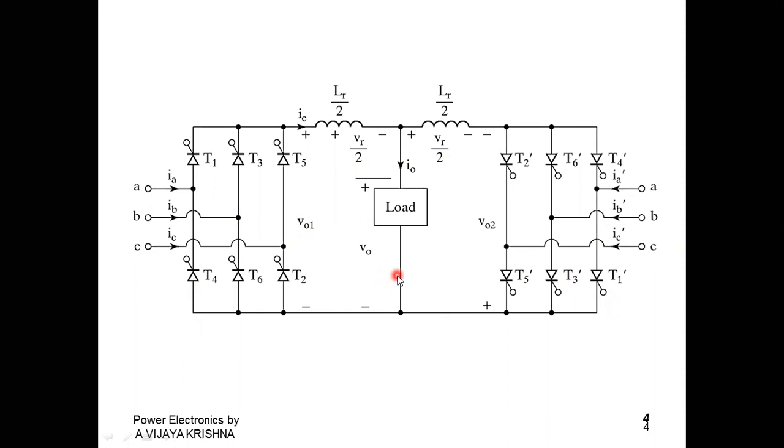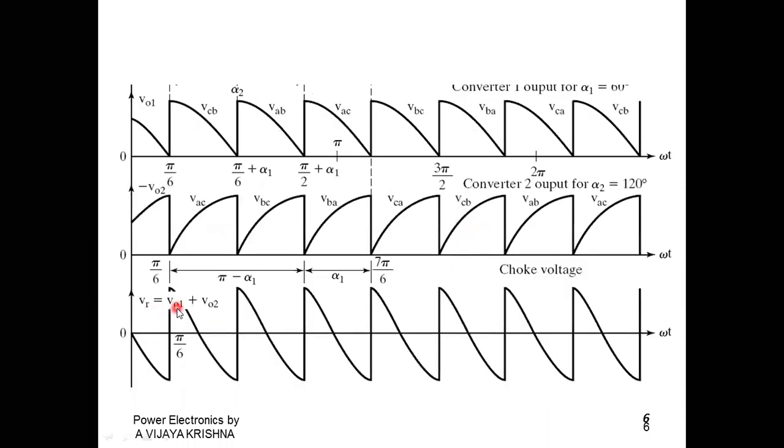Therefore, if there is any change, there is a possibility of a circulating current flowing within the circuits. Why? Because this results in a voltage difference when the two converters are interconnected. As a consequence, V naught 1 and V naught 2 have a difference. Suppose the resultant voltage VR is V naught 1 plus V naught 2. V naught 1 magnitude and V naught 2 magnitude have the same values.